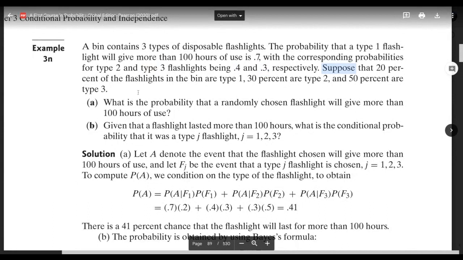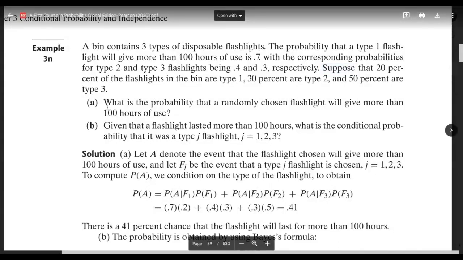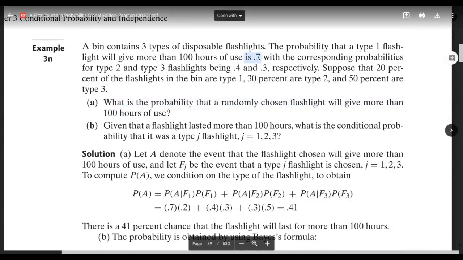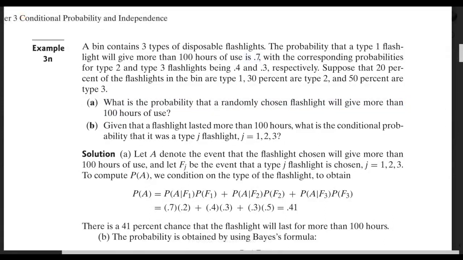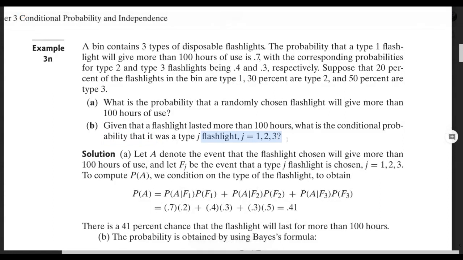Suppose that 20% of the flashlights in the bin are type 1, 30% are type 2, 50% are type 3. A. What is the probability that a randomly chosen flashlight will give more than 100 hours of use? B. Given that a flashlight lasted more than 100 hours, what is the conditional probability that it was a type J flashlight? Or J can be any of the 3 types.